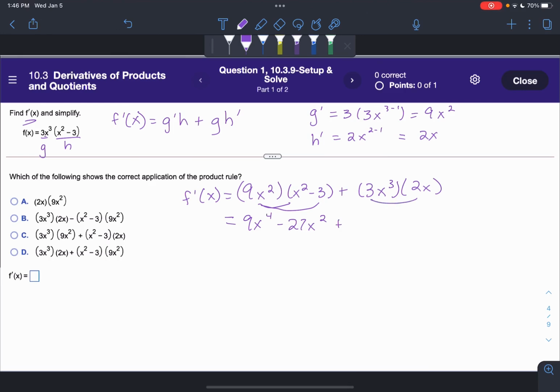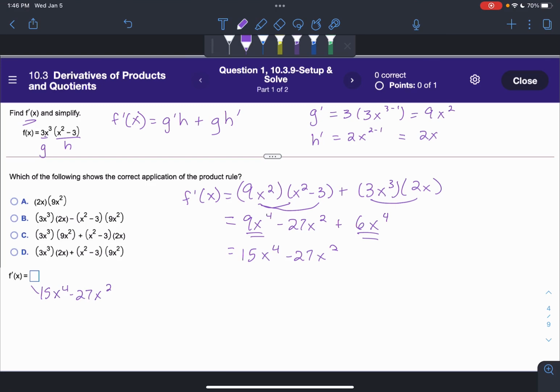And let's multiply these two together, 6x to the 4th. And I can combine these two like terms and get 15x to the fourth minus 27x squared. So I kind of just did both parts in one step. So this answer is going to be 15x to the fourth minus 27x squared.